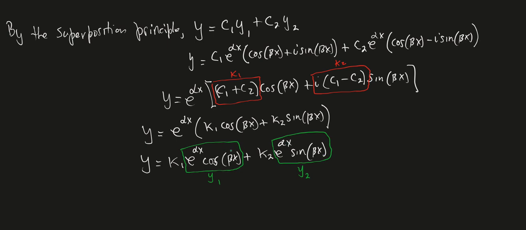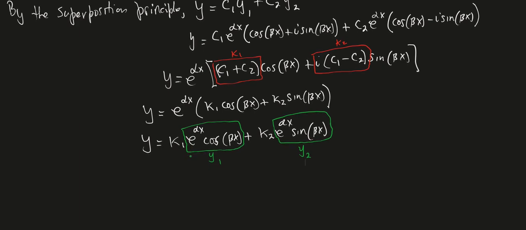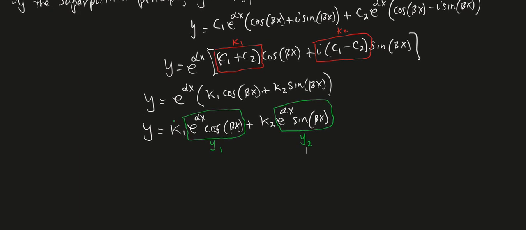Both of these functions are solutions to my original differential equation. And this is how, even in the case of complex roots, we can still end up with real functions that satisfy the differential equation. Really remarkable.